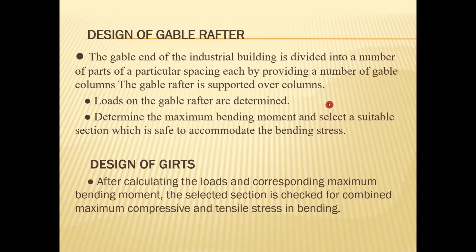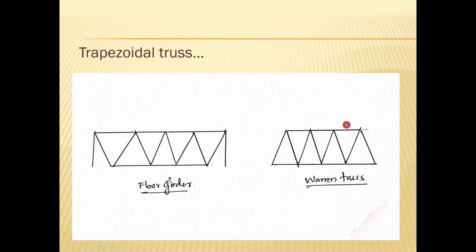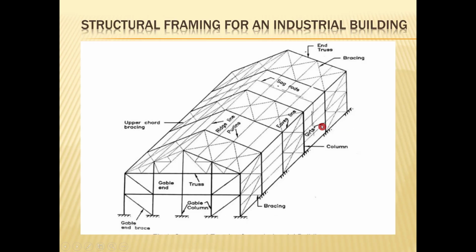Coming to the gable rafter, the gable end of the industrial building is divided into a number of parts of particular spacing by providing a number of gable columns. The gable rafter is supported over the columns. Loads on the gable rafter are determined, and then you can design for the bending moment. If you quickly see the figure, these are the various components of the industrial building.